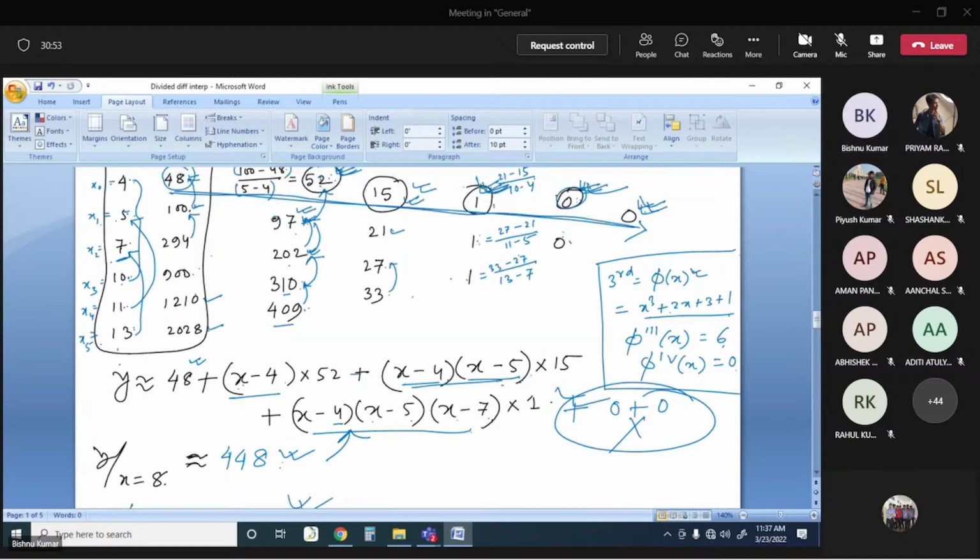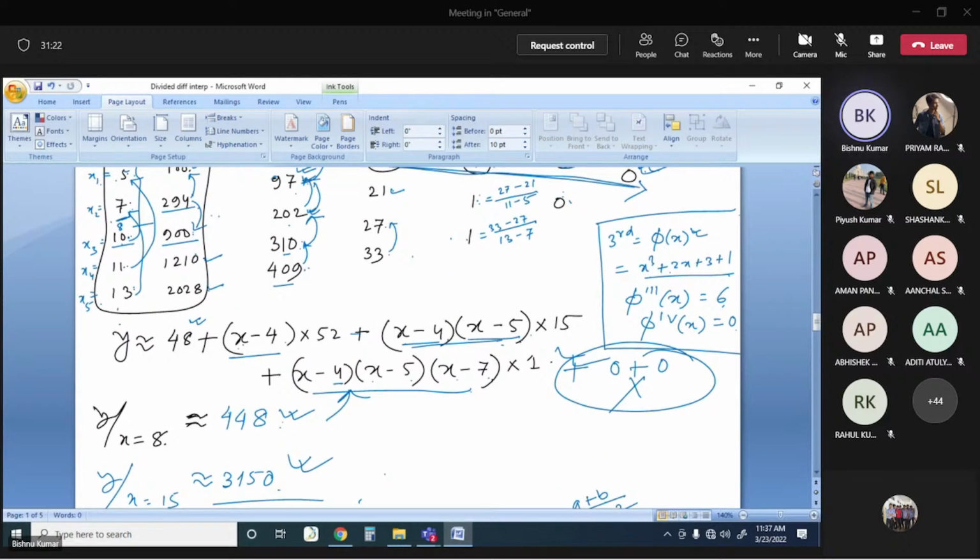Just see: at x equals 7 you get 294, and at 10 it is 900. So 8 lies between 7 and 10, and 448 is also between these two values. The data is increasing, so the corresponding value is also increasing.